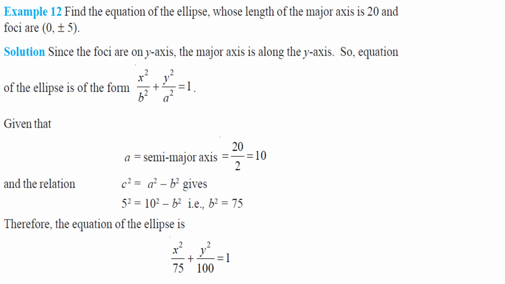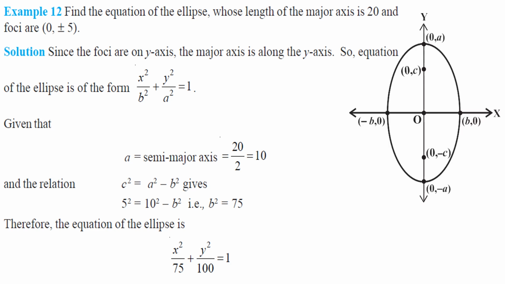I will represent the equation of the ellipse pictorially like this. See here, my children, this is the pictorial representation of the ellipse. Here the foci of the ellipse lie on the y-axis. So this is the pictorial representation of the given ellipse.